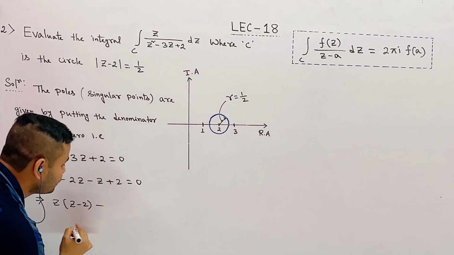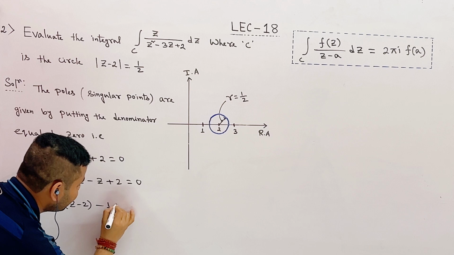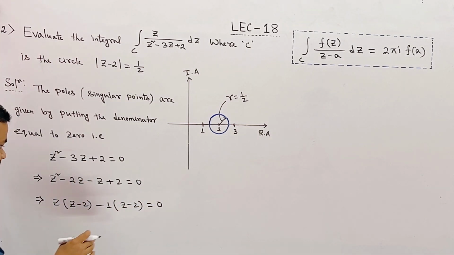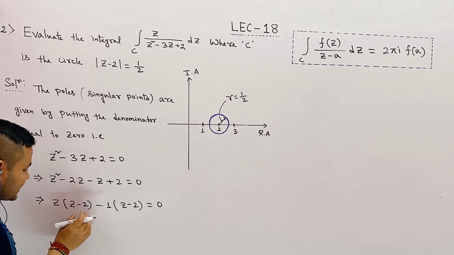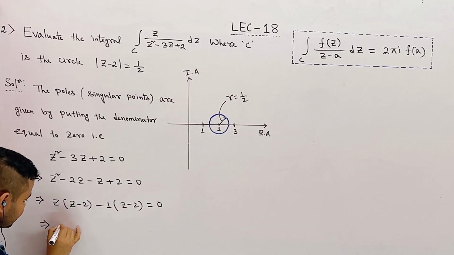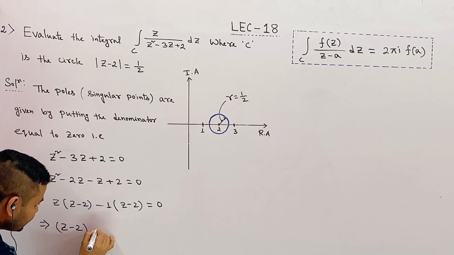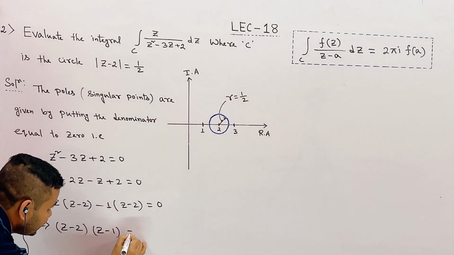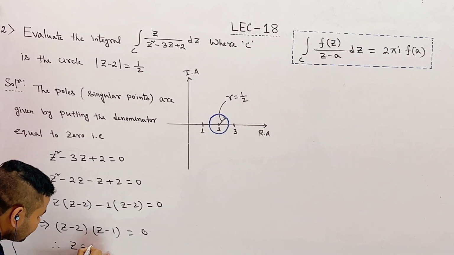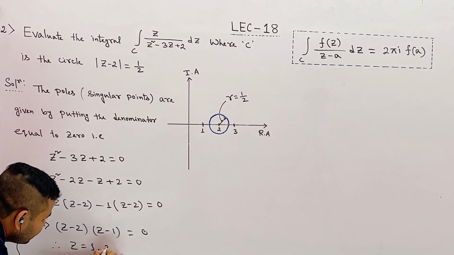Next, from these two terms, let us take minus 1 as common. Now let us take common z minus 2 from these two terms. So we will get z minus 2 into z minus 1 equal to 0. So therefore, the values of z are 1 and 2.